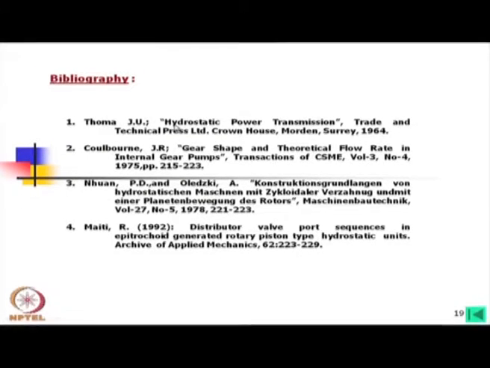So, these are the references. I would say that this paper you will not be able to follow, because it is old as well as in German language. I think not even German language, it is not exactly German language. I think these two people were Austrian. If you read this paper, you will have some idea about this fixed axis machine, not orbit motor.